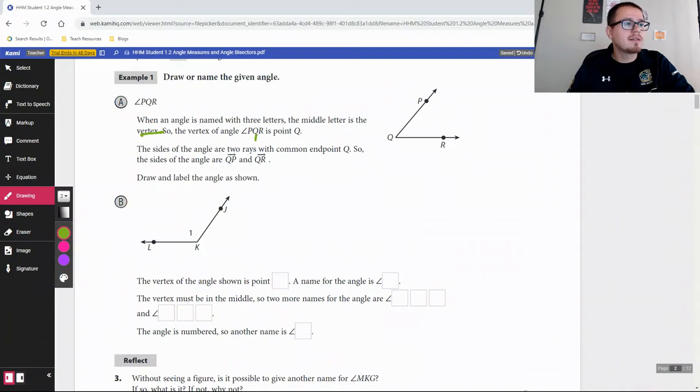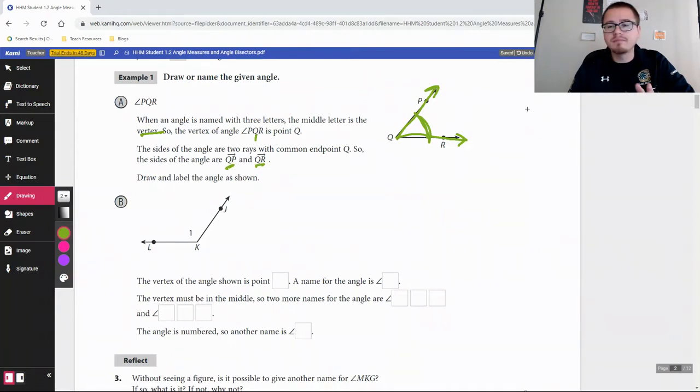So in this case, you can clearly see the ray with the point P on it and the ray with the point R on it, and again, this sketch tab is not going to let me make super straight lines. The angle is in the middle, so this is where your angle would be. So the sides are named QP, quarter pounder, QR. Kind of sounds like virtual reality, but it's not.